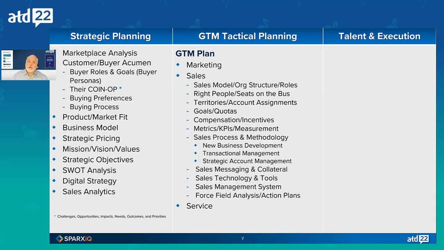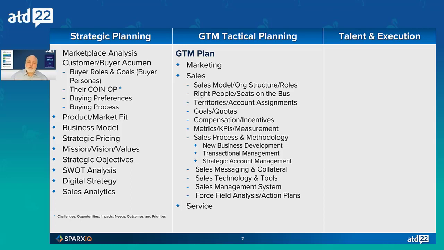Those of you in revenue enablement roles or other larger roles, sales ops roles, might look at some of these other things as well. But here in sales, we're talking about the sales model, the org structure, the roles, the way you're going to market, getting the right people in the right seats on the bus, in territories, account assignments, goals, quotas, comp, all of the things, the gears that turn that make a sales force successful.